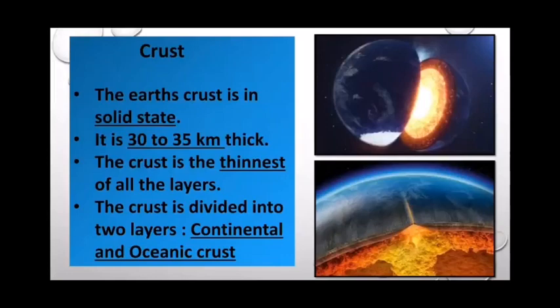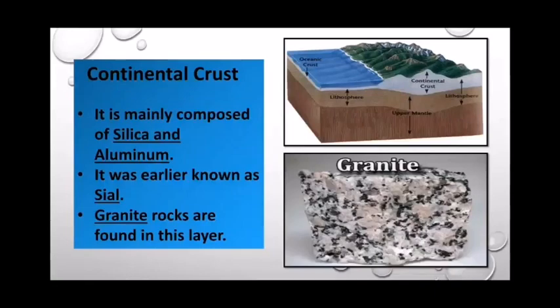So children, now let us first learn about the continental crust. The continents are mainly composed of silica and aluminium. Because of their high proportion in this layer, the layer was earlier known as Sial.